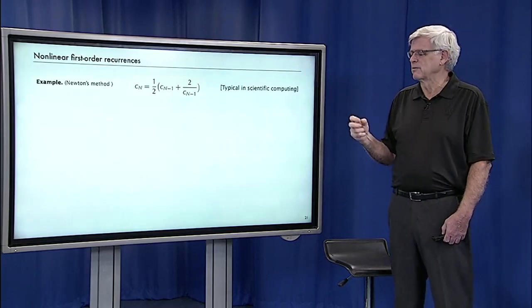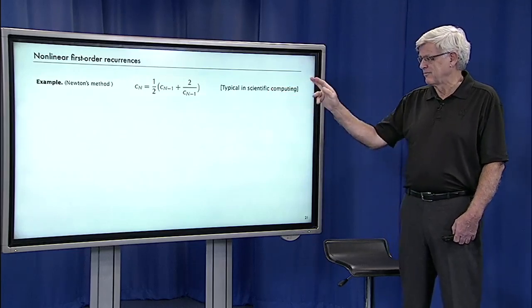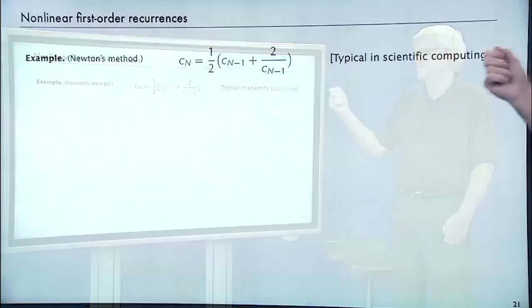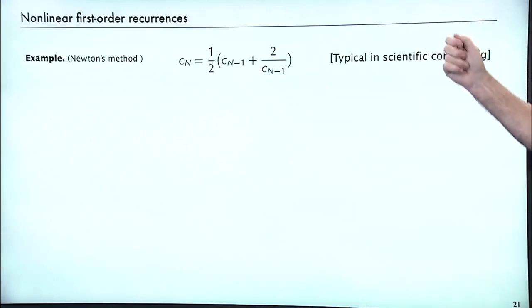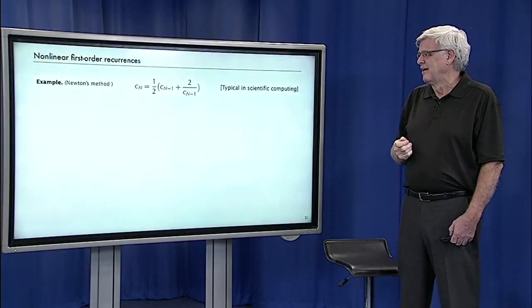That's defining a sequence. And you can see from this formula, if you get close to the square root of 2, or if you get exactly the square root of 2, then 2 over the square root of 2 is the square root of 2, plus the square root of 2, divided by 2, is equal to the square root of 2, so you should converge on the value of the square root of 2. That's Newton's method.